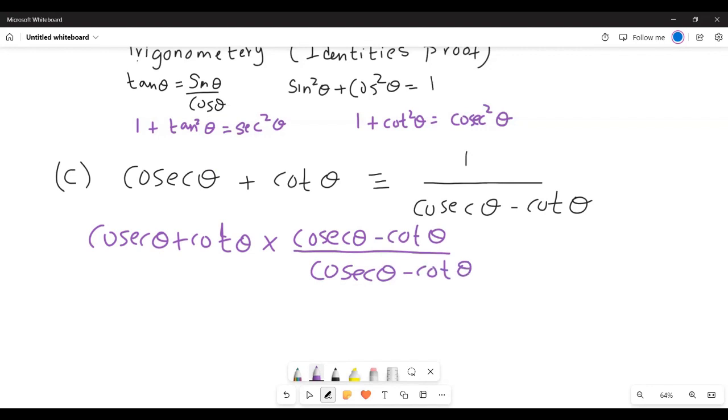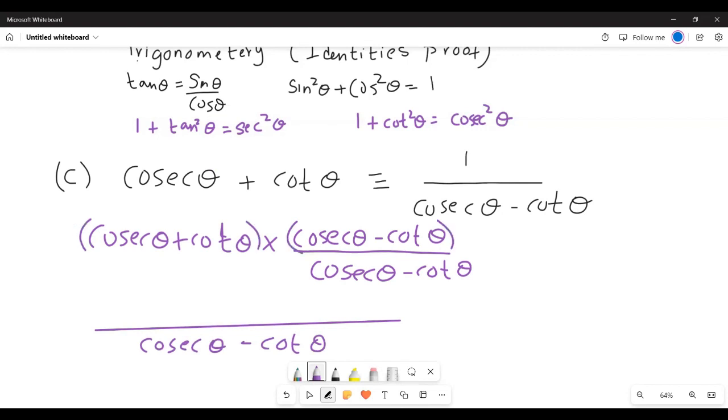Now in the denominator, we have the required form, cosecant theta minus cot theta, and the numerator would be a plus b times a minus b, which is a square minus b square. So it's cosecant square theta minus cot square theta.